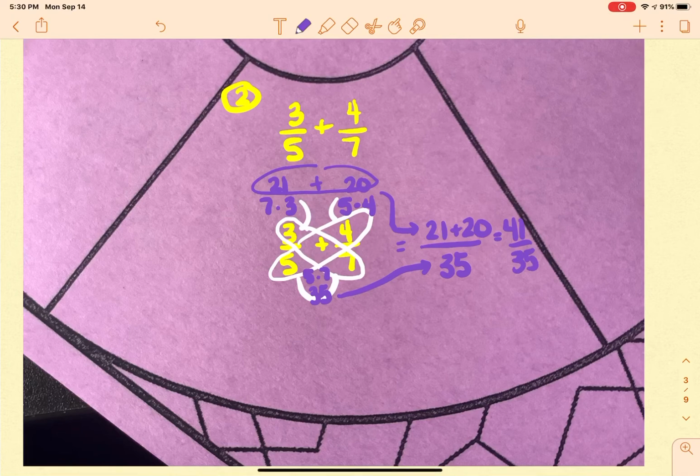Now, if I put that in my Desmos calculator, it's not going to reduce. But because the top is bigger than the bottom, I'm going to have to divide it out. So 35 goes into 41 once, with 6 left over. So it'll be 1 and 6 over 35.